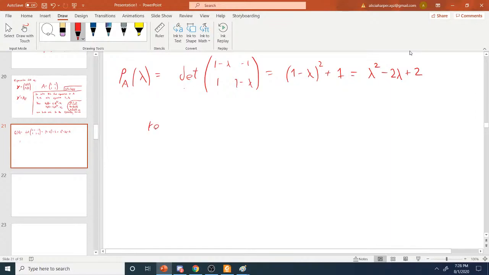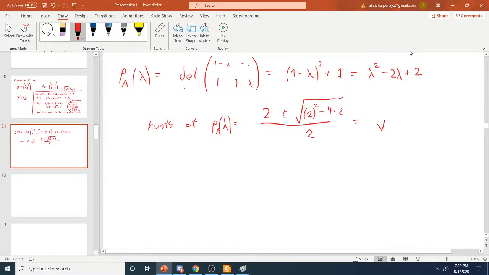And the roots of P_A of lambda, the characteristic polynomial, are given by the quadratic formula: 2 plus or minus the square root of negative 2 squared minus 4 times 2, all divided by 2.